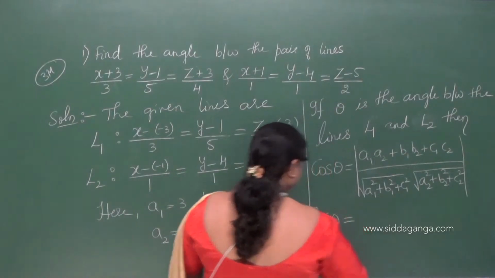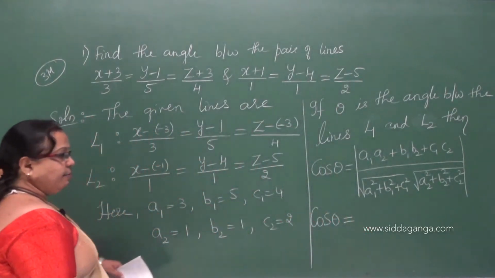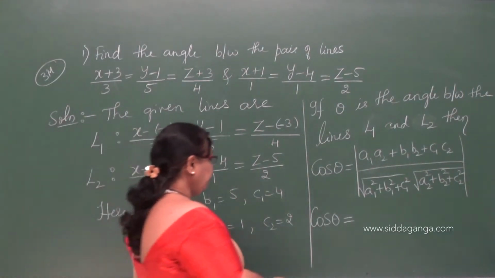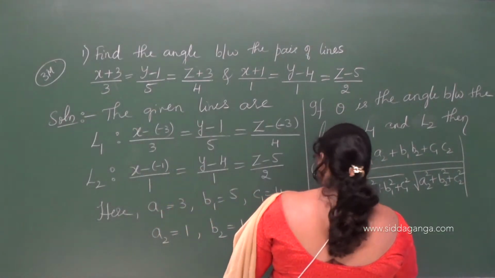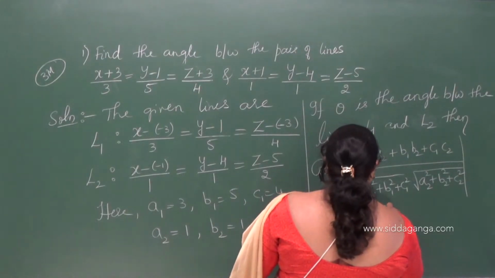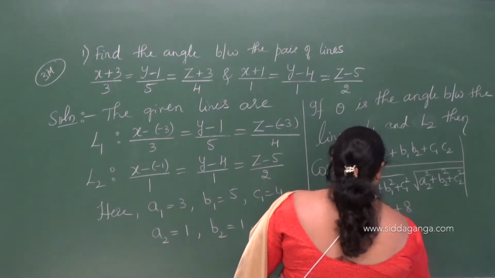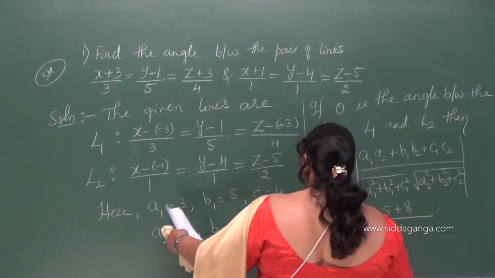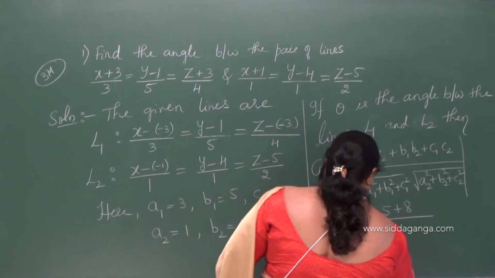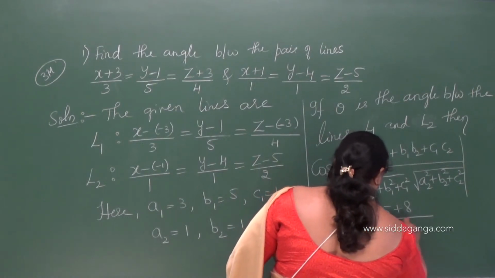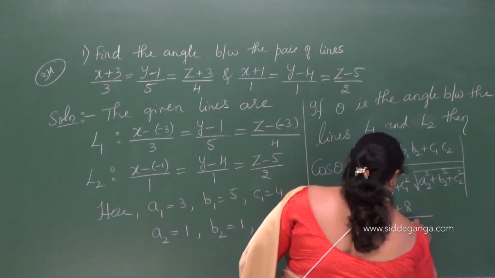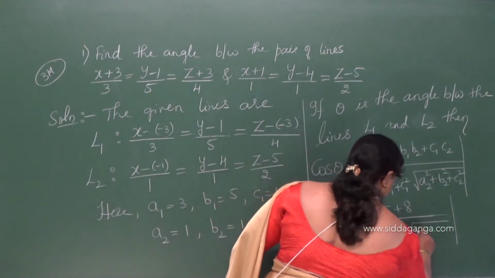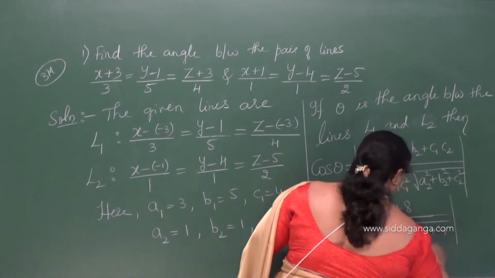So that is equal to 3 into 1, that is 3, plus 5 into 1, that is 5, plus 4 twos are 8, divided by root of a1 square 9 plus 5 square 25 plus 4 square 16, into root of a2 square is 1 plus 1 plus 4.